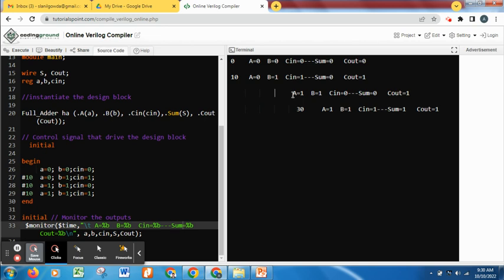Or else, if you want some more combinations, you can include them here. For example, I have included A equals 0, B equals 0, and C in equals 0, then 0, 1, 1, then 1, 1, 0.